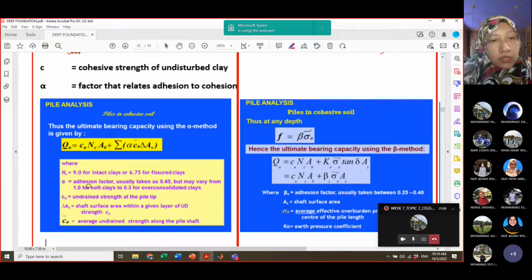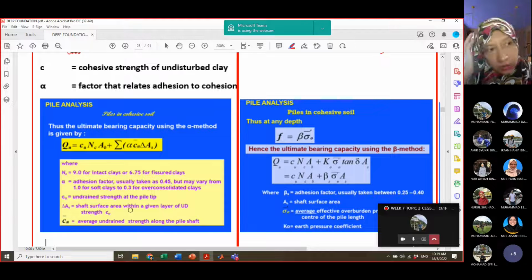So the alpha is an addition factor usually taken as 0.45, but may vary from 1 for soft clay to 0.34 over consolidated clay. So the CU is the undrained strength at the pile tip.